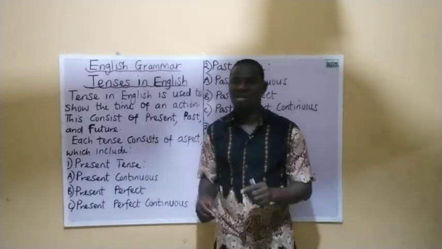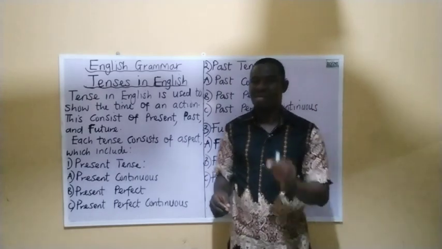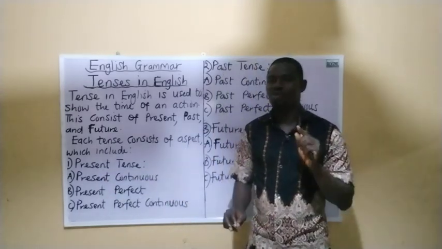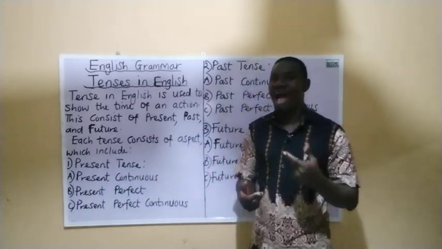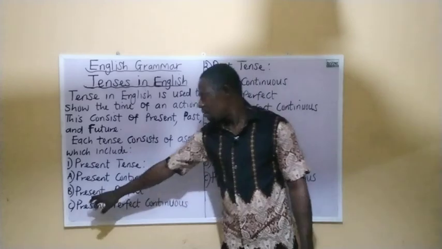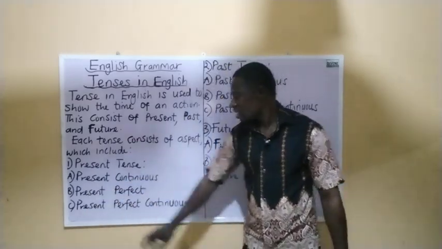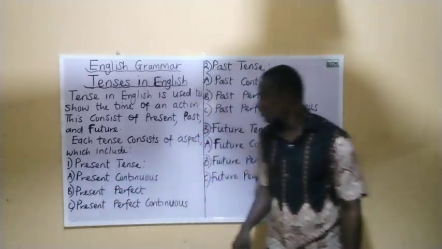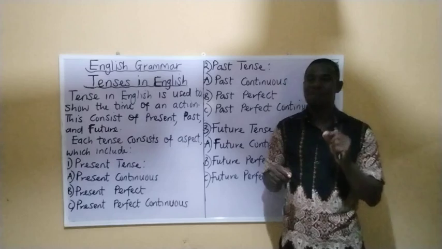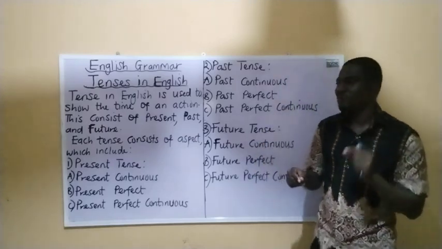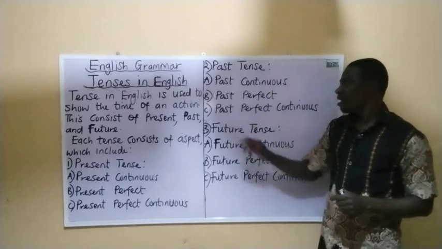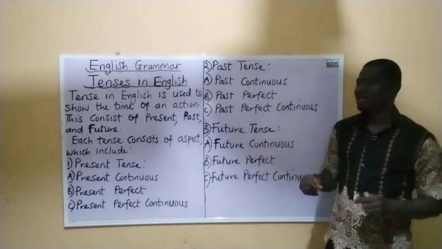Each tense consists of aspects such as, under the present tense, which is also known as the simple present, we have aspects such as present continuous, present perfect, present perfect continuous. Under the past tense, which is also known as the simple past, we have aspects such as past continuous, past perfect continuous.